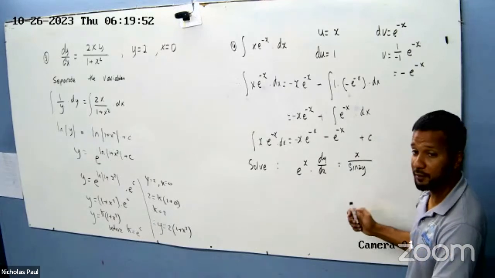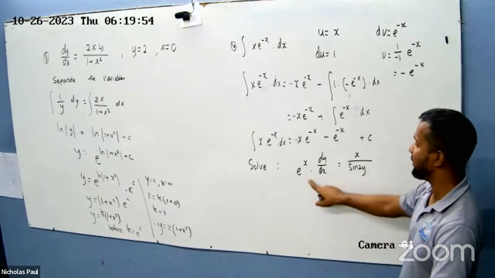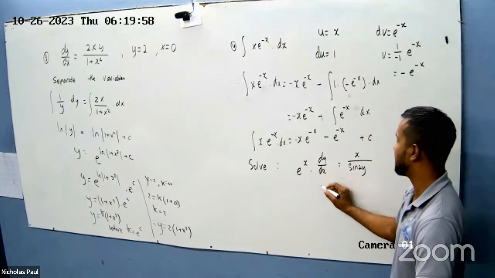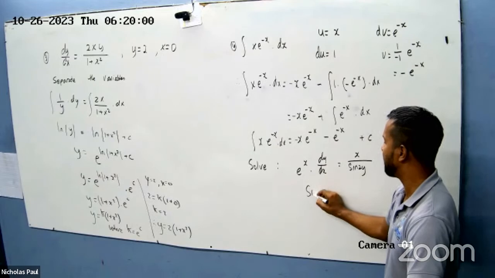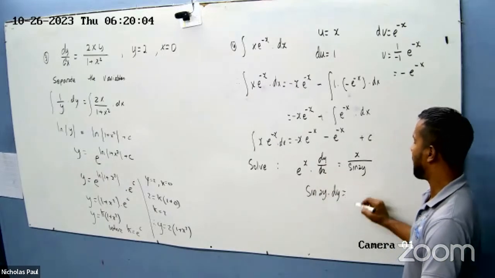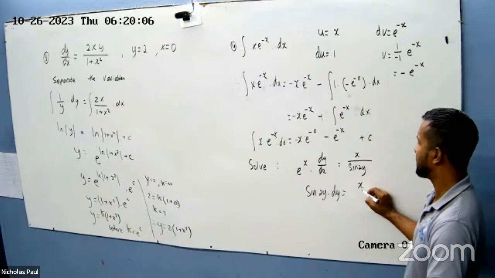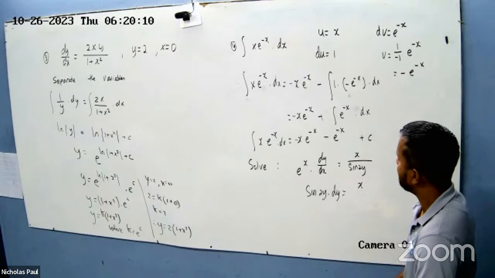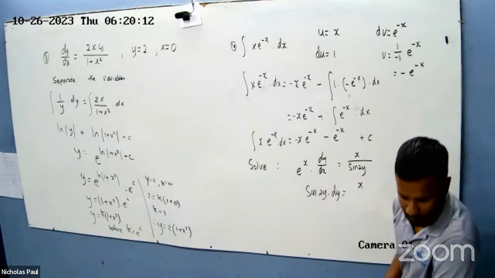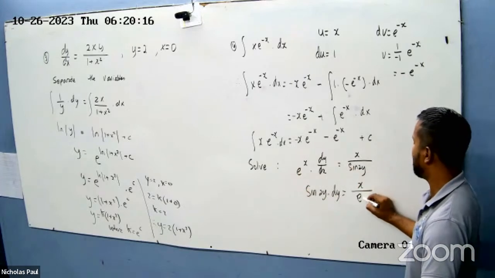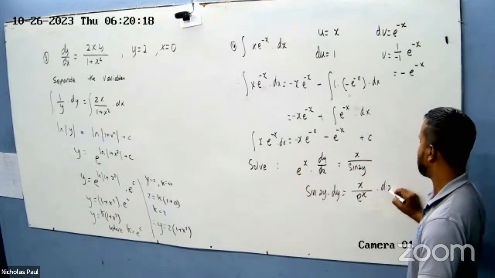Separate the variables. Bring the sine 2y on this side and bring the e to the x on this side together with the dx. So we'll end up with sine 2y dot dy is equal to x over e to the x dot dx.